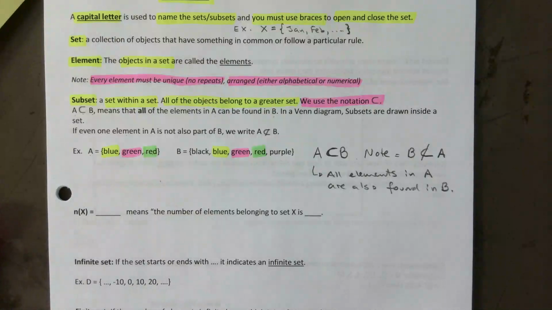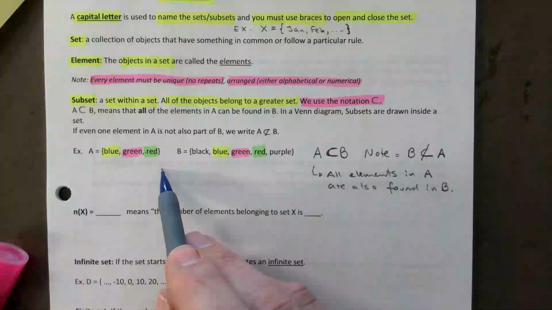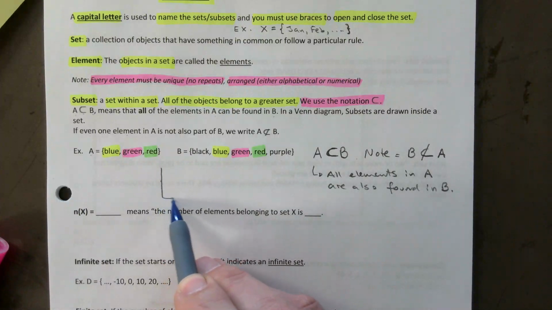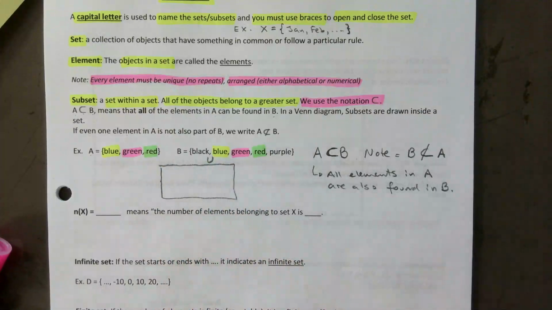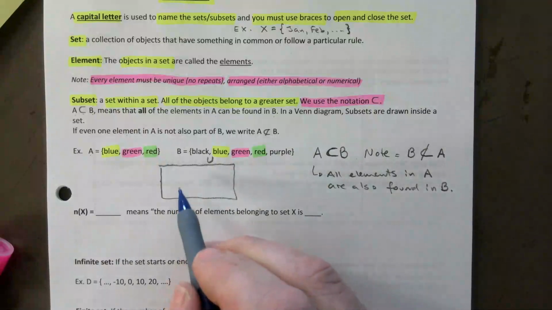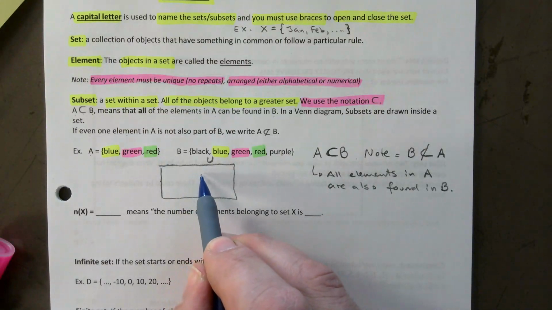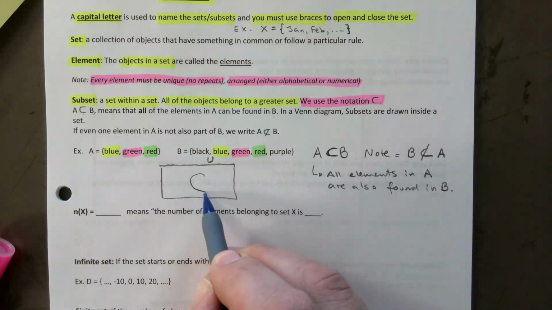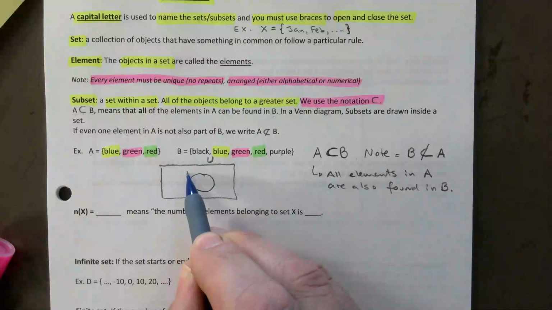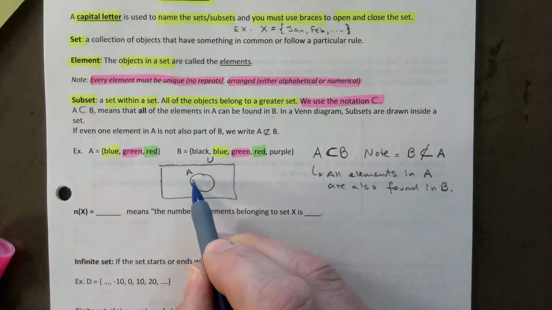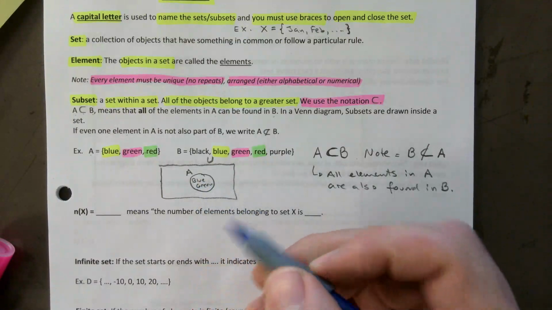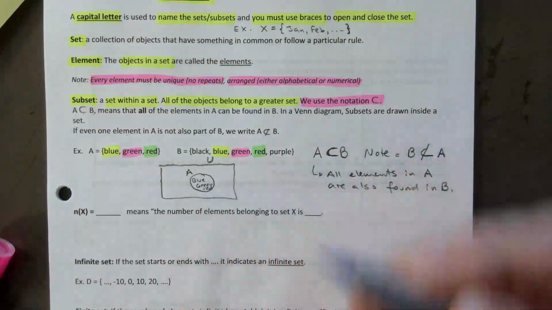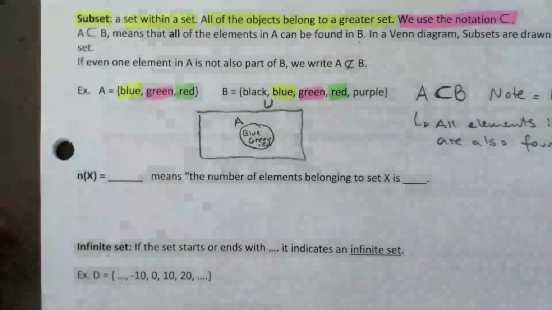And here's your Venn diagram. You ready? A Venn diagram, by definition, needs to have a box around it. That is what we call the universal set. In this case, we will do it this way. This is going to be set A, and set A has blue, green, and red. Let me zoom into that because you're probably wondering what's going on there.